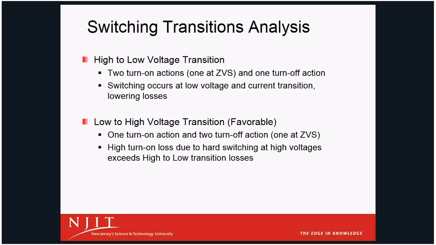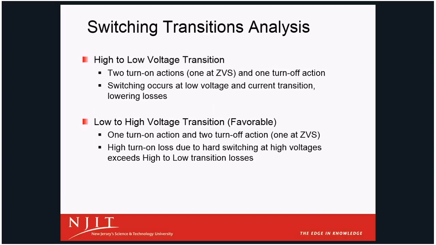So for the circuit topology that was shown a little bit earlier, the high to low voltage transition, in order to do so, there are two turn on actions that need to occur and one turn off action. One of the turn on actions there is that zero voltage switching, which has its benefits of lower losses because of your zero voltage and zero current seen at those points.